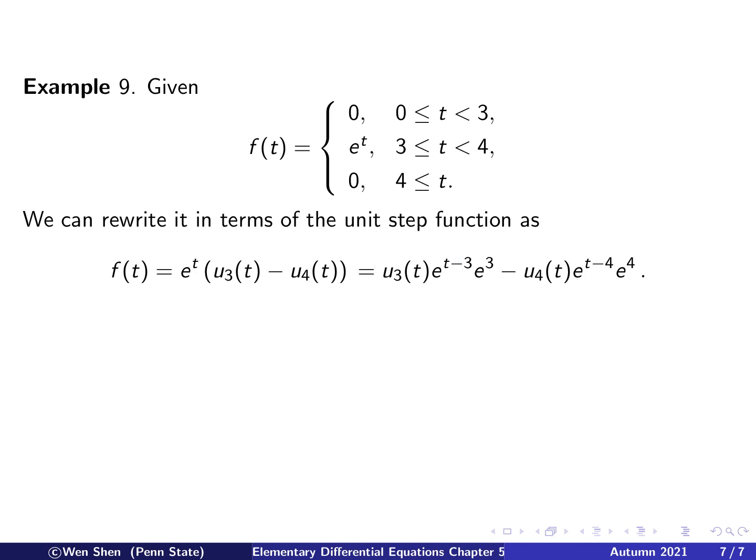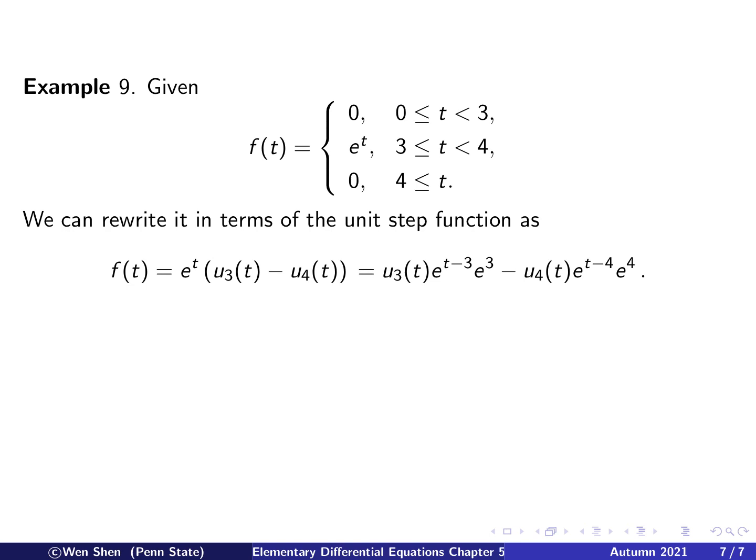So if we do that, then we'll have to multiply it with e to the 3 to get the same function. Okay, so this is what you will multiply with u_3. And then for the term with u_4, you would want to write the function as a function of t minus 4. So that's what you put there. And then you need to multiply with the e to the 4, a constant. So this will still be e to the t.